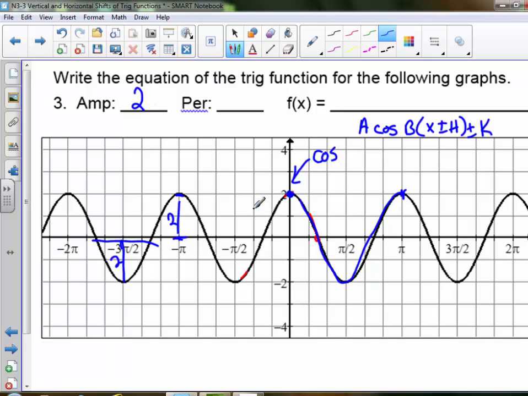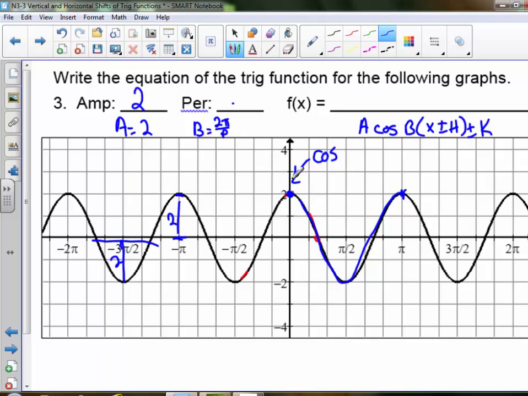Okay, now cosine starts off up and goes down. That's the normal path of it, so we know that our A value was positive 2. All right, the period. We remember my little note to you guys was B would equal 2 pi over P. So if we can figure out what the period is, we can figure out what B is.